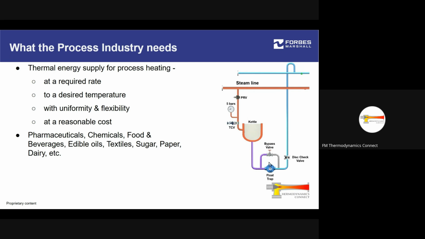So what happens is the float trap, or any other trap for that matter, in processes, it is typically the float trap. So the float trap will only allow liquid condensate to move out. This is at higher pressure, so the condensate can actually climb up a pipe. It is not a misrepresentation. So the float trap can travel upwards. The condensate can travel upwards at the outlet of the float trap.